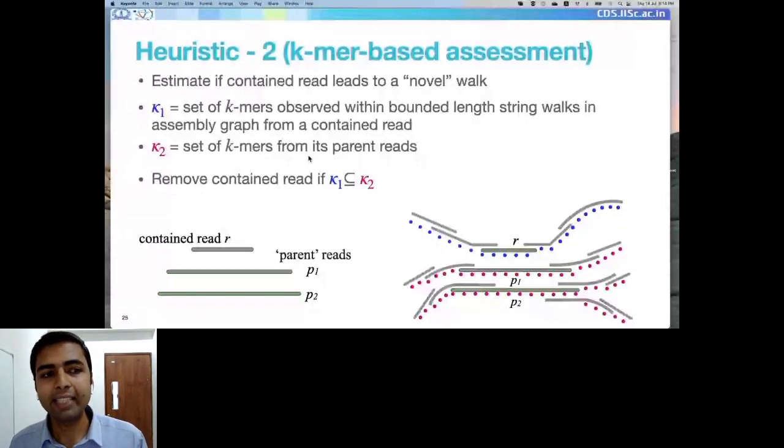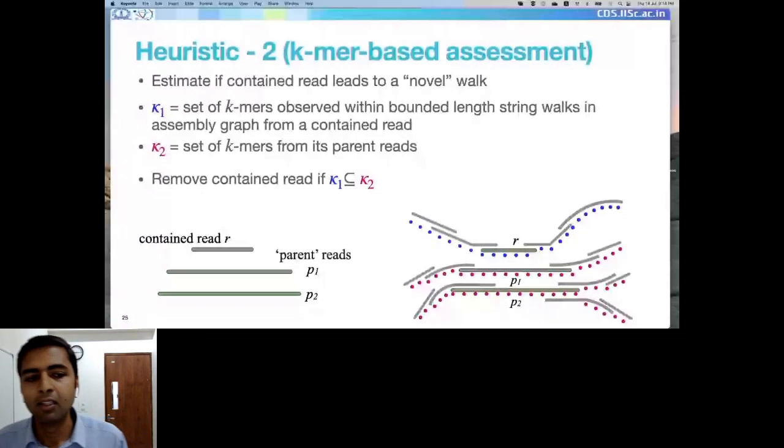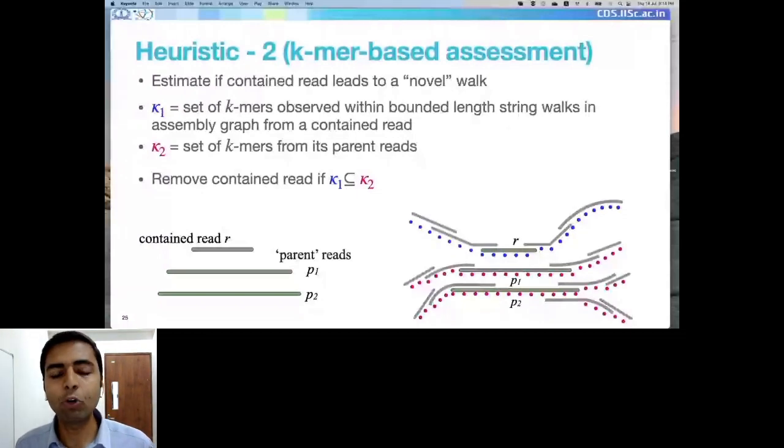If K1 is observed to be a subset of K2, then we can estimate that all the k-mers appearing from the contained read are also appearing in the vicinity of the parent reads. Again, this is used as a heuristic to estimate whether a contained read is redundant or not. If it is found to be redundant, we remove this contained read from the dataset.